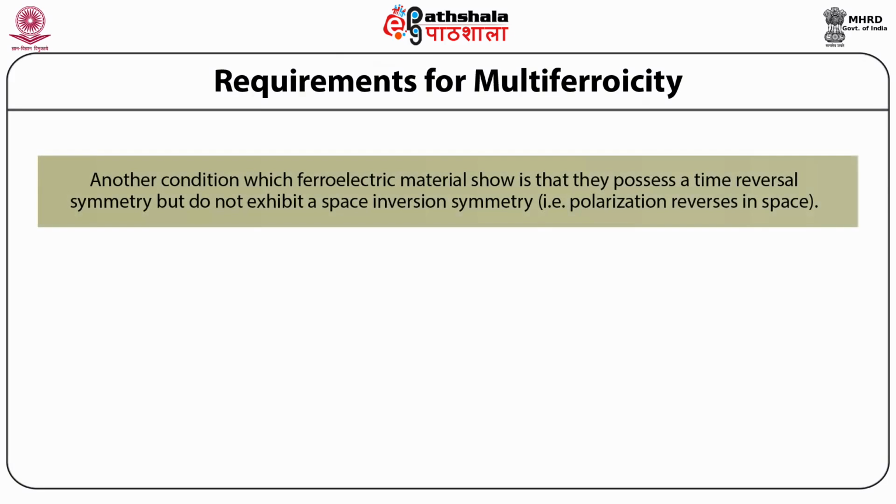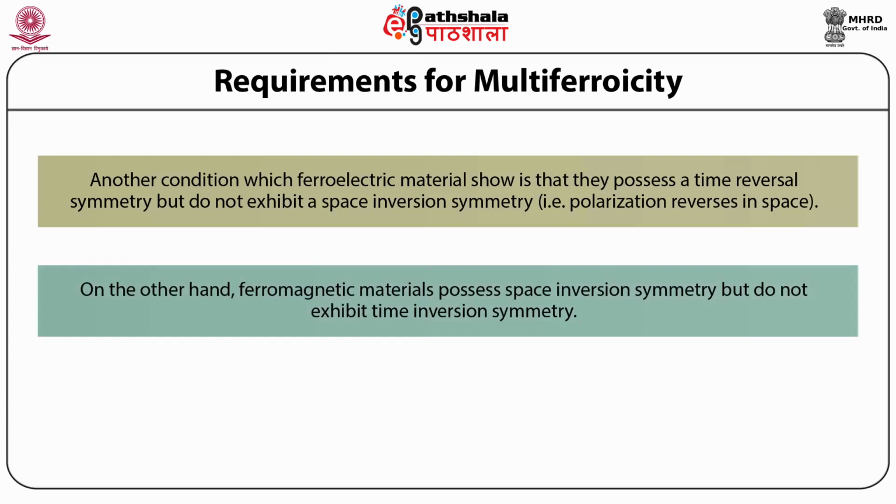Another condition which ferroelectric materials show is that they possess a time reversal symmetry but do not exhibit a space inversion symmetry. On the other hand, ferromagnetic materials possess the space inversion symmetry but do not exhibit the time inversion symmetry.